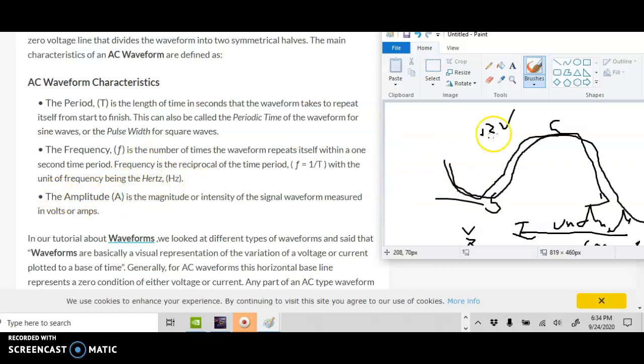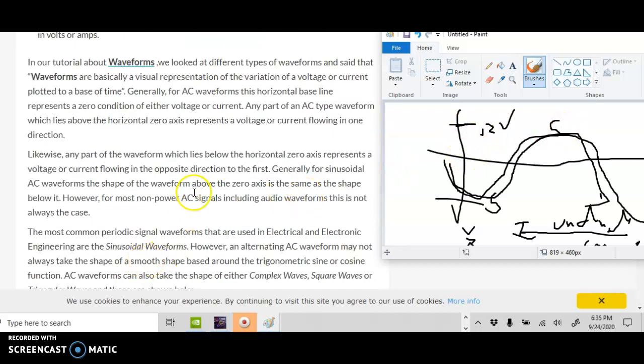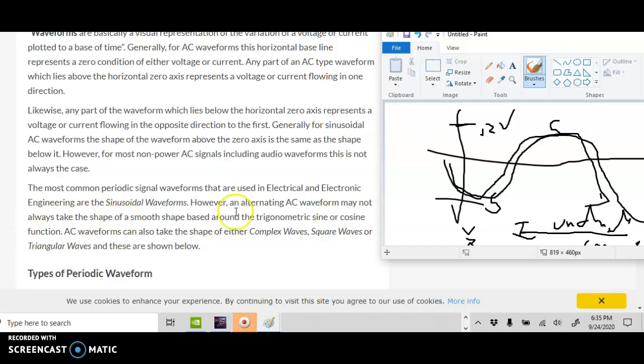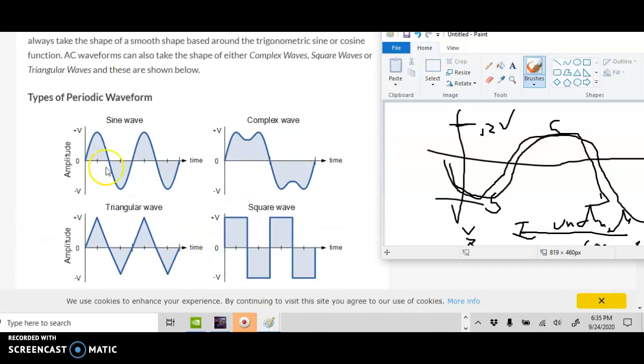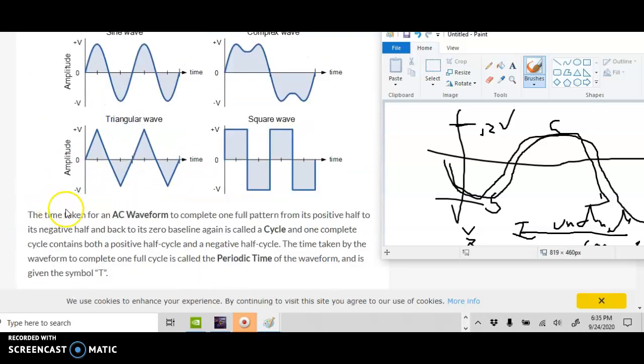A is the amplitude, so this is the whole x and y axis, and this is positive 5, this is -5, so the amplitude is this thing. And basically, yeah, that's a sinusoidal waveform. It comes in different ways also.